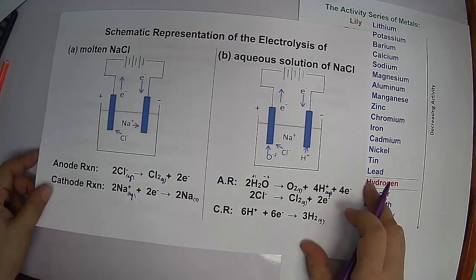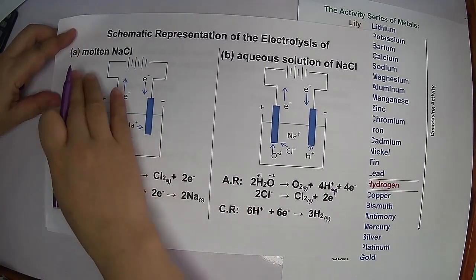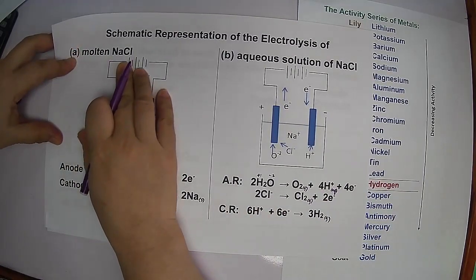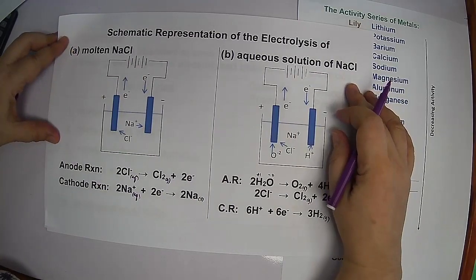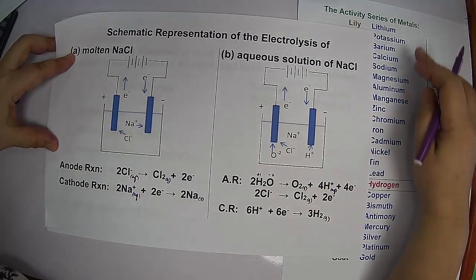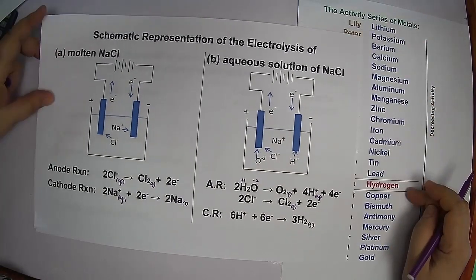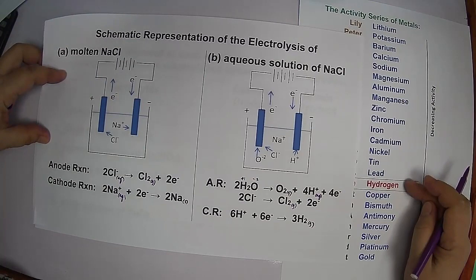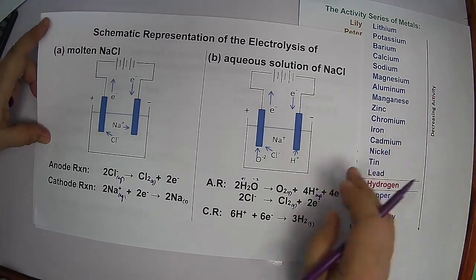That is the difference: the product differs if you have a molten state and an aqueous solution of a metal that is above hydrogen in activity. It is hydrogen that is formed at the cathode, not the elemental state of the metal.